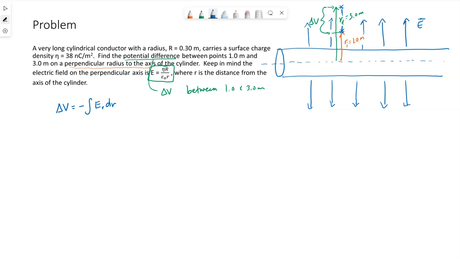And hopefully you recall that electric field lines point from high potential to low. That would mean that the point at 1 meter has a higher potential than the point out here at 3 meters. Our math will show us this as well. So let's go ahead and solve.